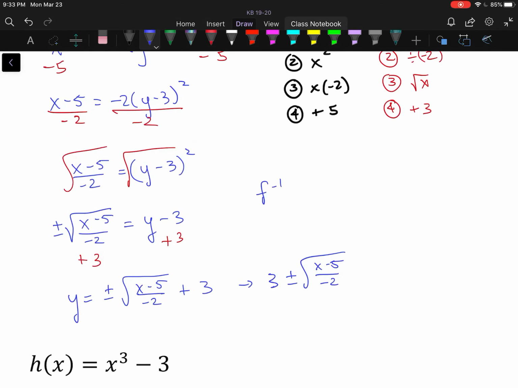I would probably just write this as f of x equals, like I said, it doesn't matter if we want to write the 3 in front.